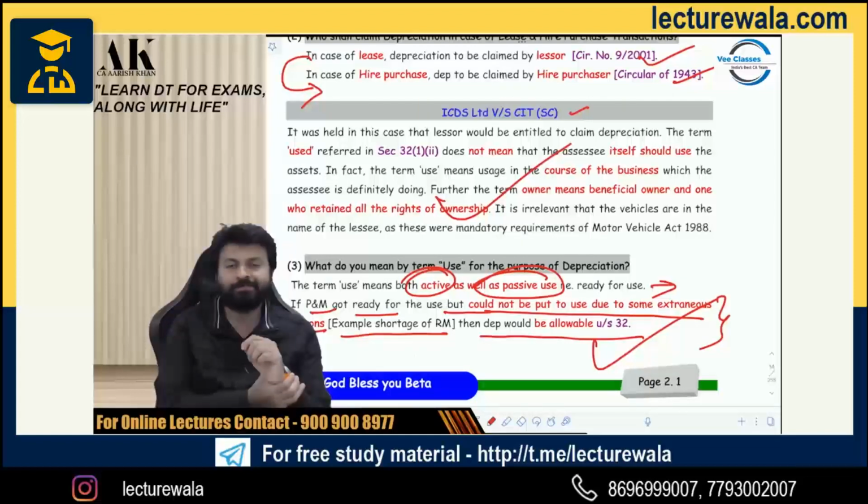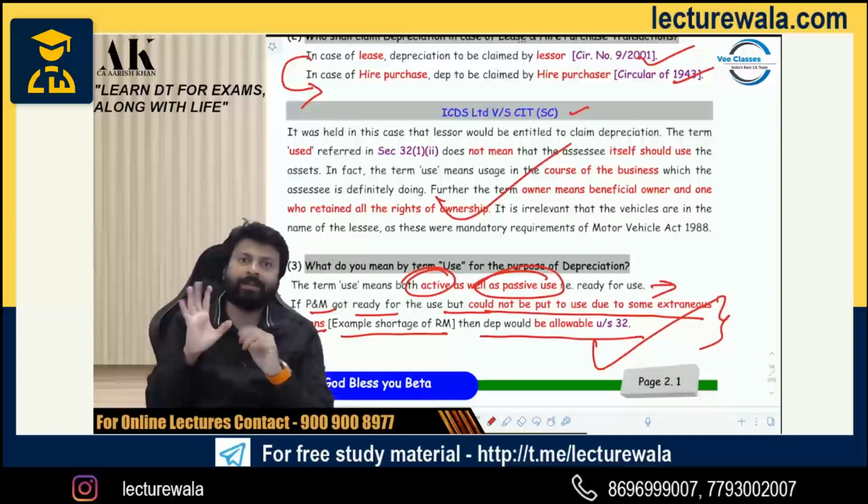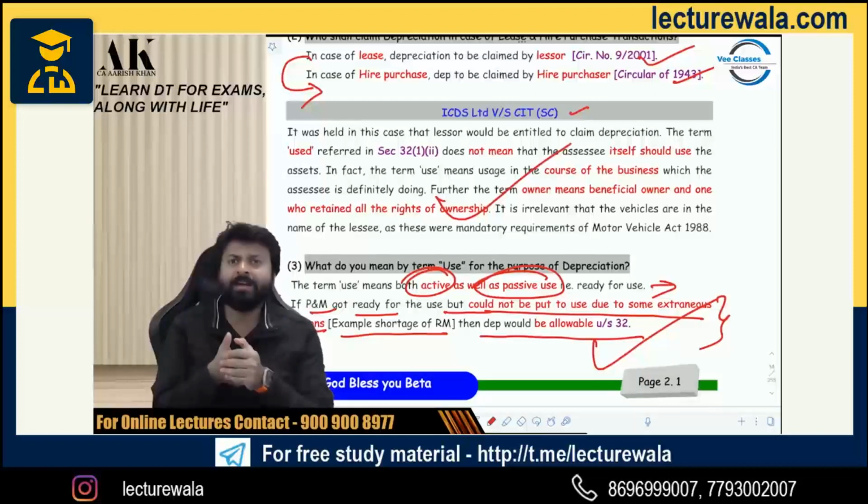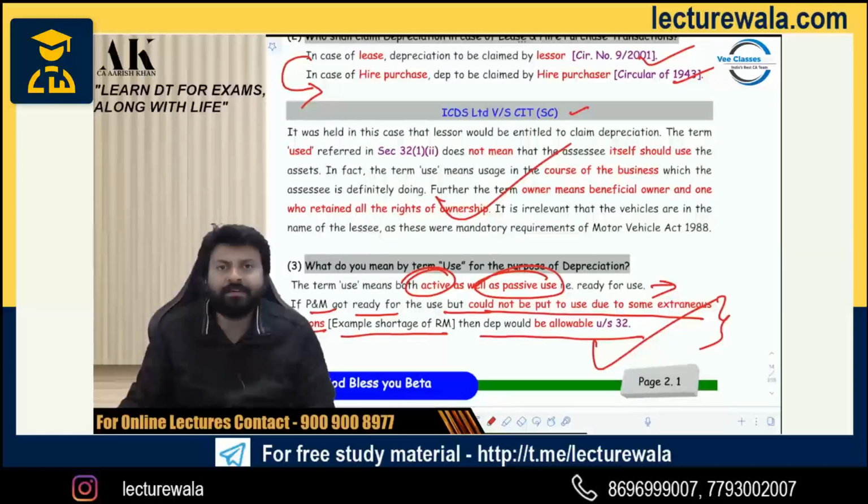Please be very careful. In block, they have categorized all the assets into 5 categories. All assets have to be in 5 categories: first, plant, then machinery, then building, then furniture, and then the 5th one is intangible assets. So these are the 5 categories in which the block is categorized. Why? For ease of calculations.